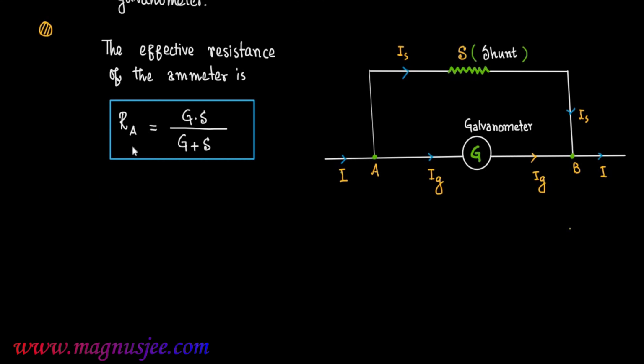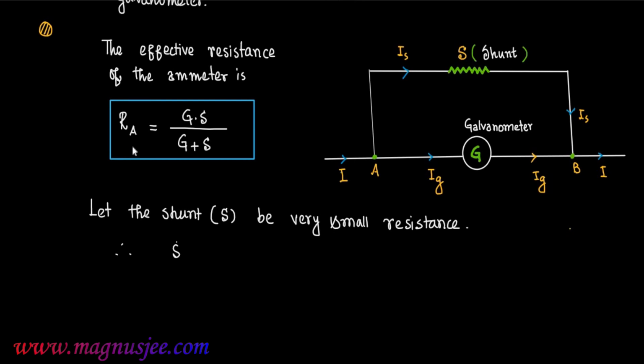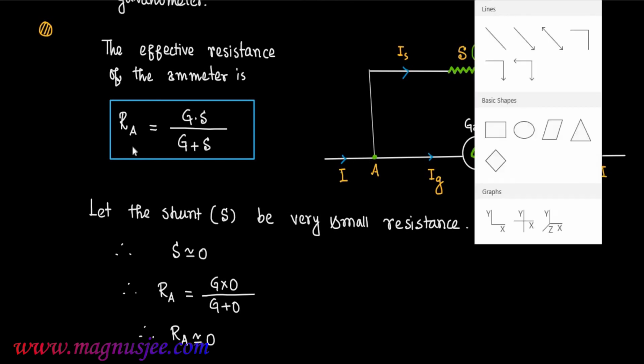Another theory regarding the ammeter: we can consider the effective resistance Ra, which is equal to G dot S divided by G plus S. Now let the shunt S be a very small resistance, therefore S is approximately equal to 0. Therefore Ra is equal to G into 0 divided by G plus 0. Therefore Ra equals 0.